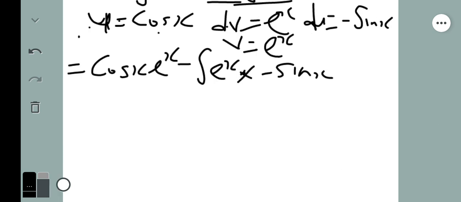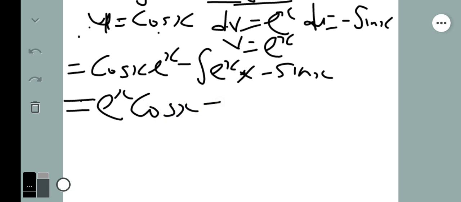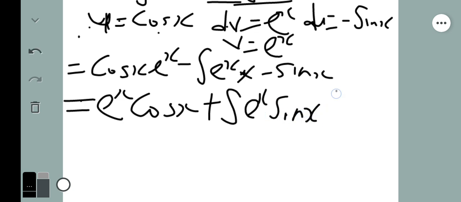From here we have exponential x cos x. Minus times minus gives plus, so plus the integral of exponential x sine x dx.